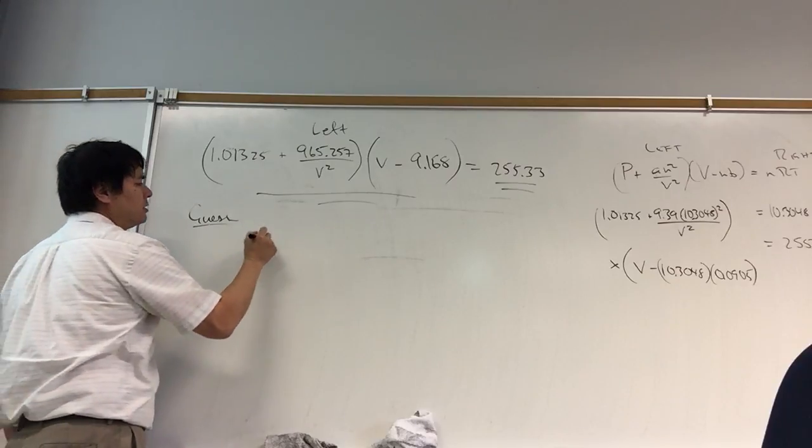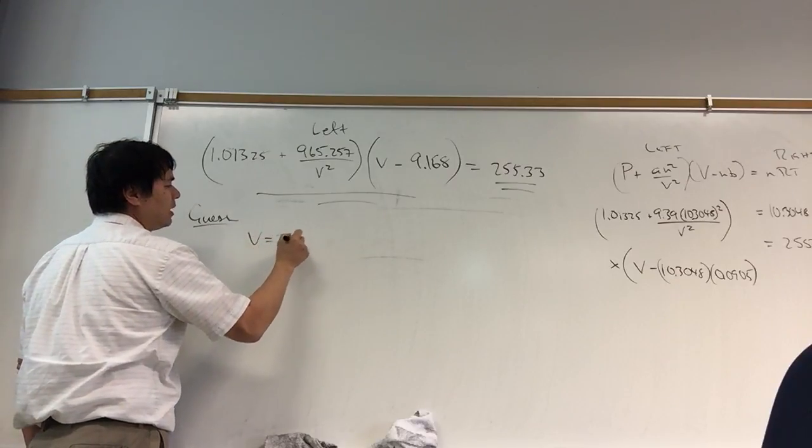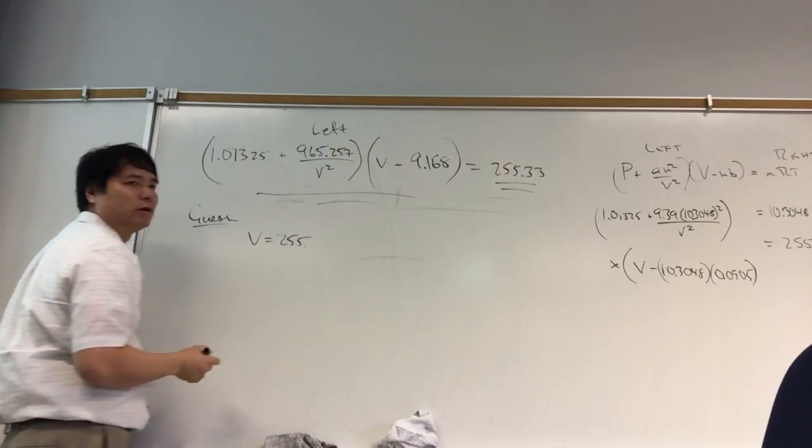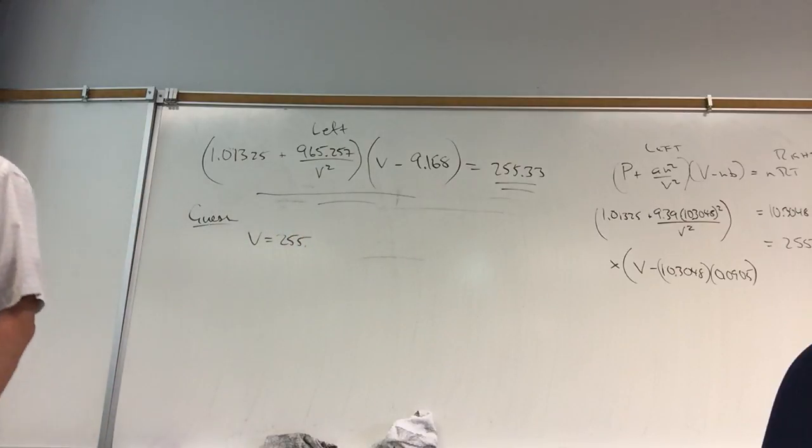And so we're going to use the initial guess, which was 255. We'll just go 255 since this is a guess, so we can save some work. And so the right side is going to be 255.33. Okay, so when you plug a volume of 255 into your calculator, the left side comes out to 261.